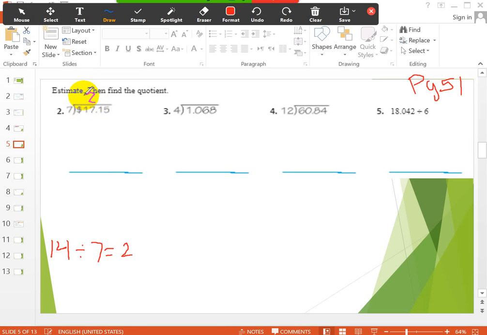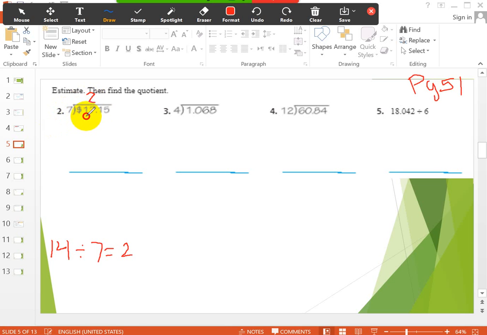Now I have to multiply. So I will use the same strategy that I learned in division. How many 7s in 17? It's 2 7s in 17. Now 2 multiply 7 equals 14. Thank you, girls.